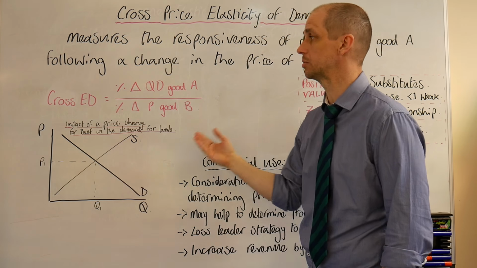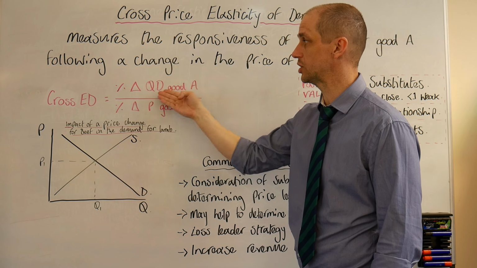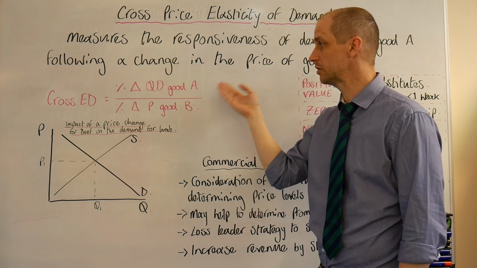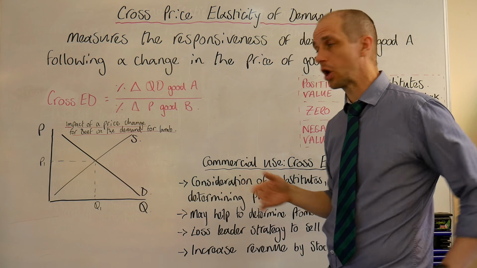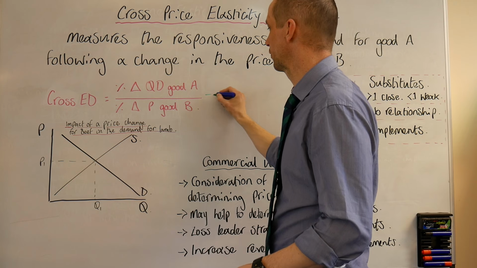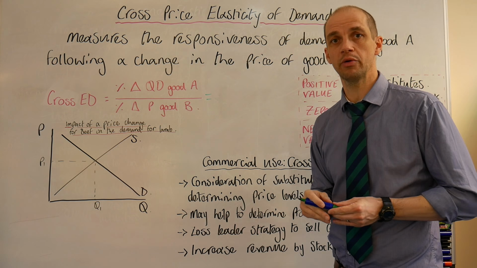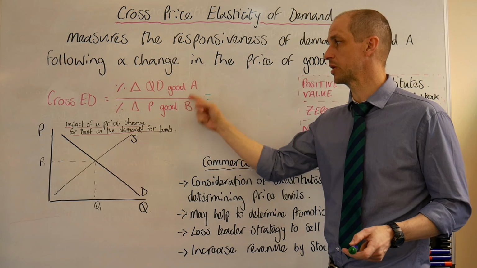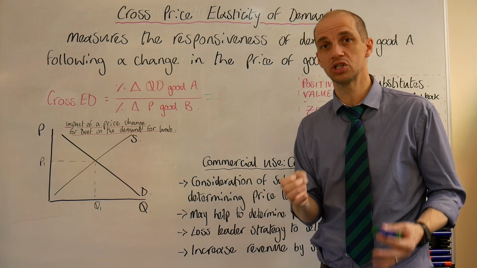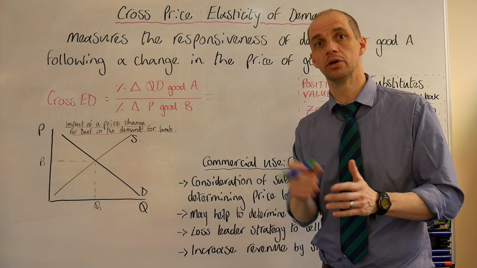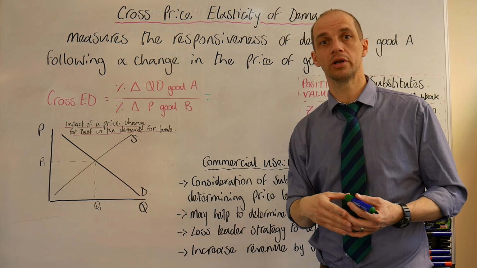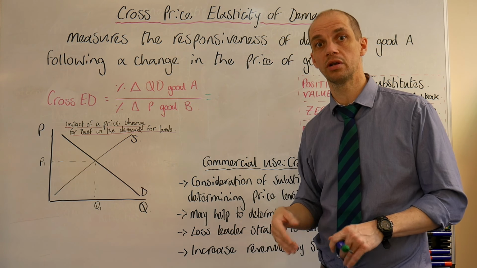Cross elasticity of demand equals the percentage change in quantity demanded of good A divided by the percentage change in price of good B. So we've seen this sort of formula before, very, very similar. The only difference is we have two products because we're really trying to understand how a change in price can govern and influence the quantity demanded of other goods.